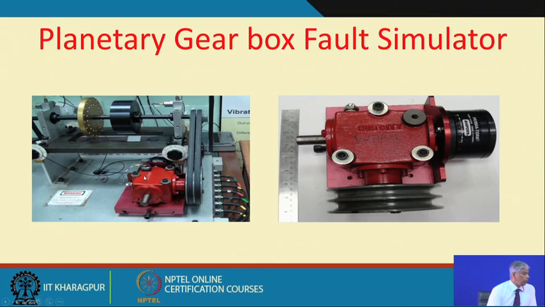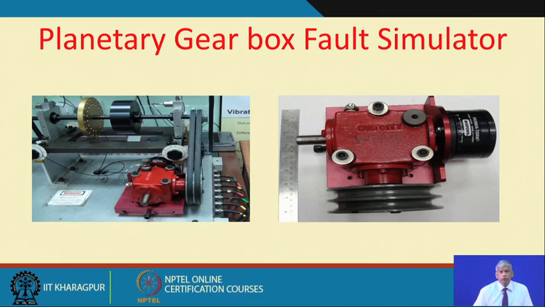We have a planetary gearbox, okay, and you can find out the faults in such a planetary gearbox by measuring the vibrations, and this is pulley driven, and there is a load clutch which gives some load on the gearbox, and you can measure the vibrations on the gearbox for varying load, etc.